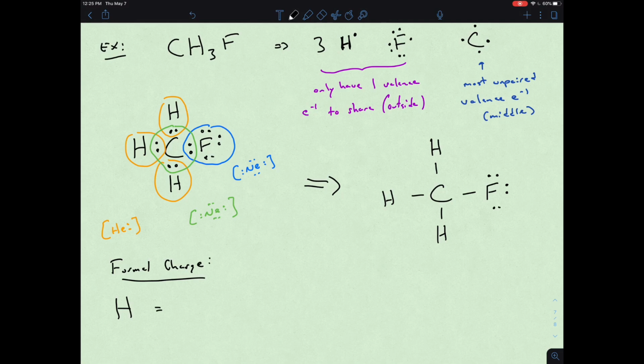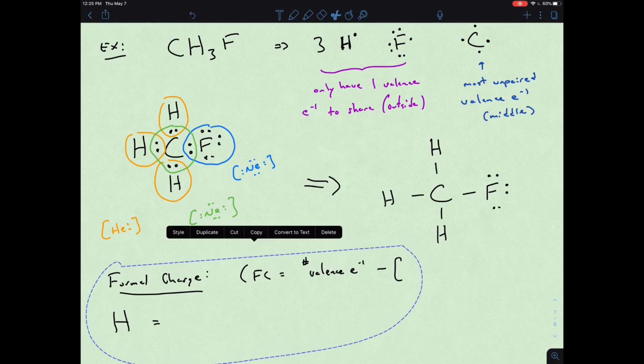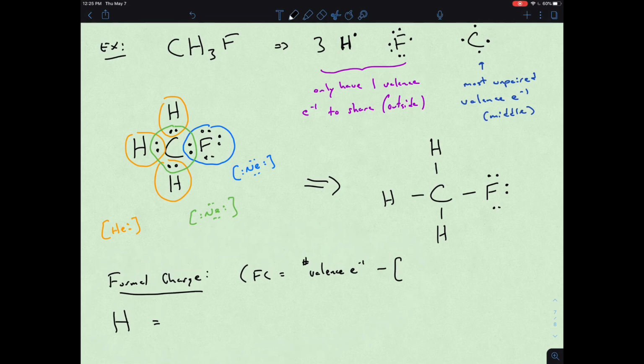Okay, remember our equation: formal charge equals number of valence electrons minus our sum of bonding and lone pairs, right?